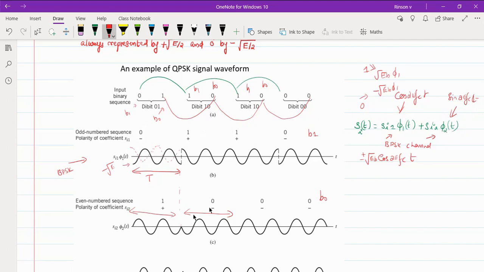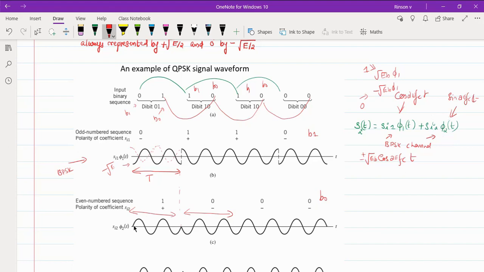But here for even numbered sequences you have phi2, that is a sine basis. So a sine basis. And if you have a 1 there in that position, you will be sending the sine. If you have a 0 there, you will be sending a negative sine.